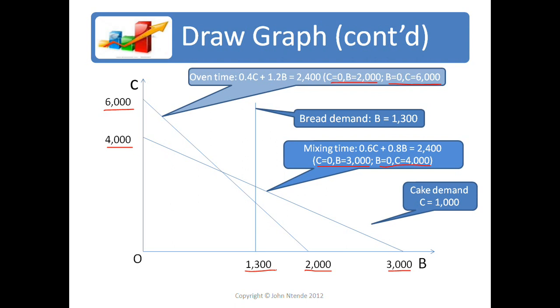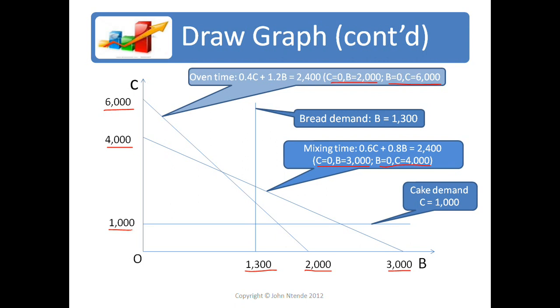So it's a horizontal line passing through the point C is equal to 1000. Now 1000 is somewhere on this side, so a horizontal line passing through that point is the cake demand, which is C is equal to 1000. So there we have it. We've drawn the line for oven time, for mixing time, for bread demand, and for cake demand. So the marks are for, of course, drawing the lines accurately, for labeling all the lines, and for labeling the axes.